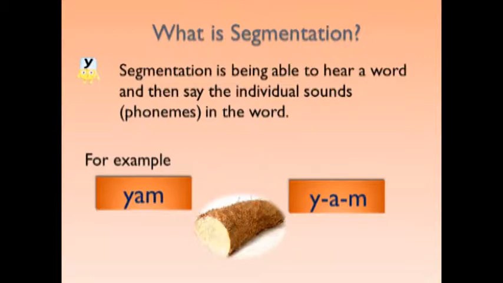How many phonemes are there in the word yam? Yes, there are 3 phonemes in the word yam. Y, a, m, yam. As we continue with this lesson, we'll be engaged in segmenting words into phonemes.